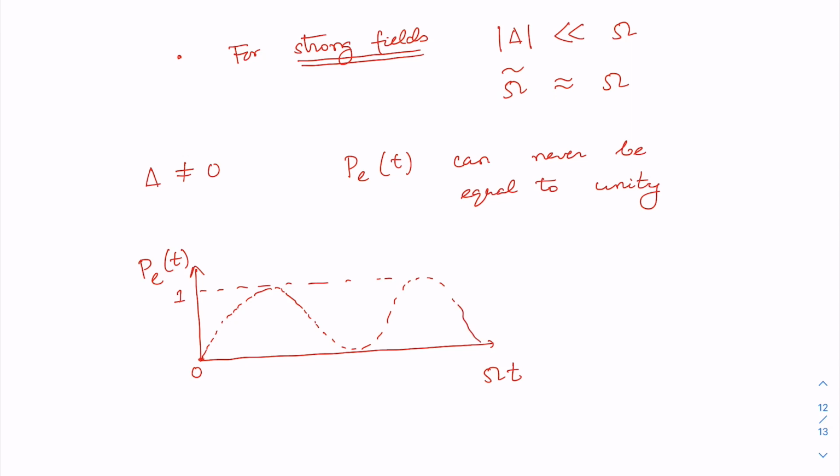This dotted one is for delta equal to 0. On the other hand, if delta is not equal to 0, we'll have a situation like this. Here you see the oscillation increases, but it is unable to touch P equal to 1. And here it would be pi, this would be 2 pi, and so on.